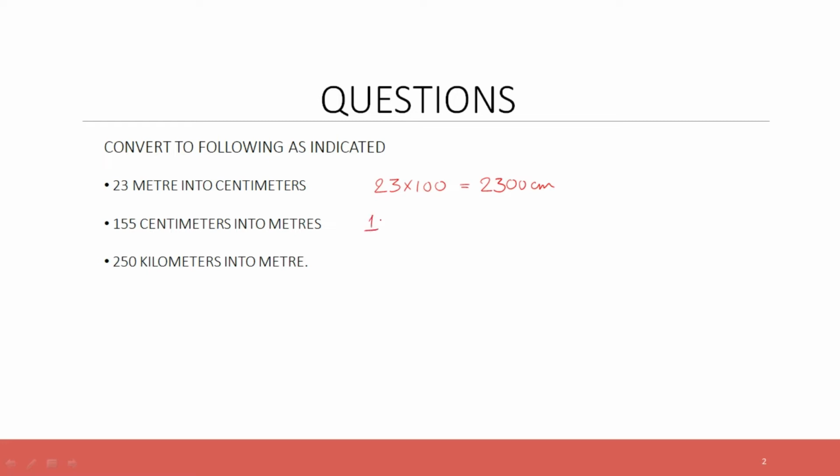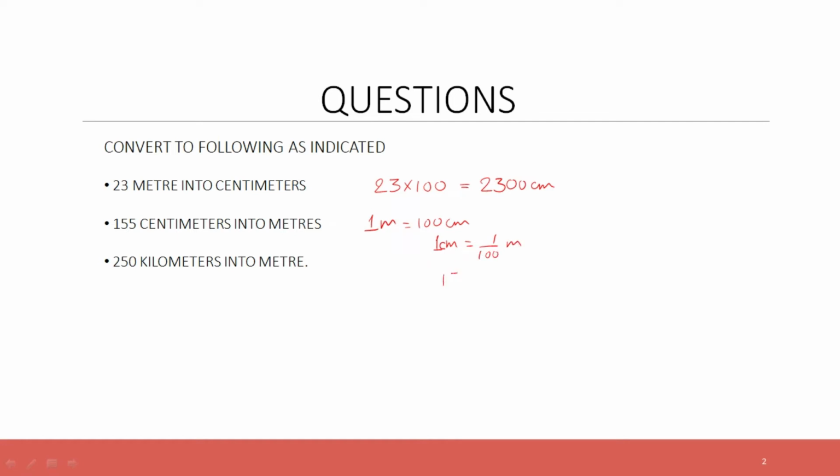The second one was to convert 155 centimeters into meters. We know that in 1 meter there are 100 centimeters. So if we write 1 meter, how many centimeters will there be? 100. And 1 centimeter, how many meters will there be? There will be 1 upon 100 meters.